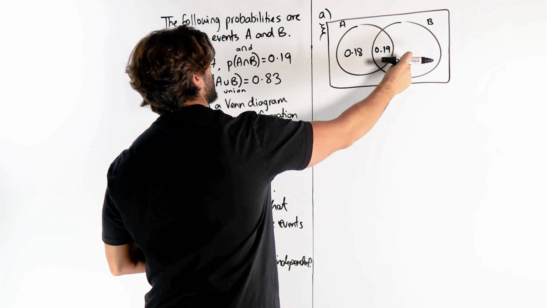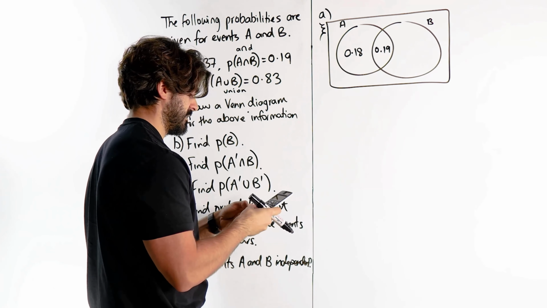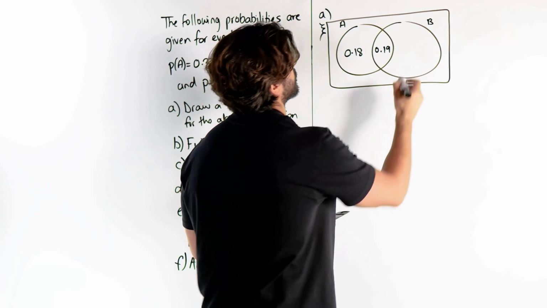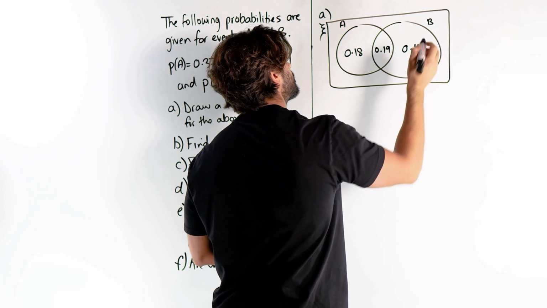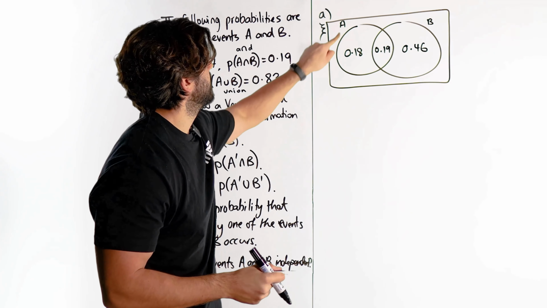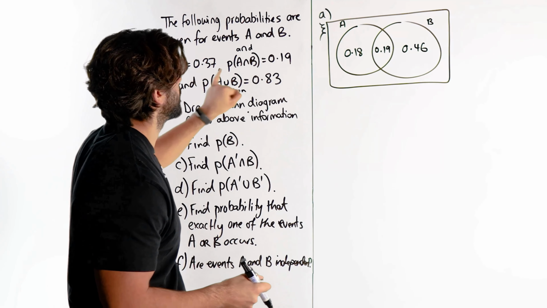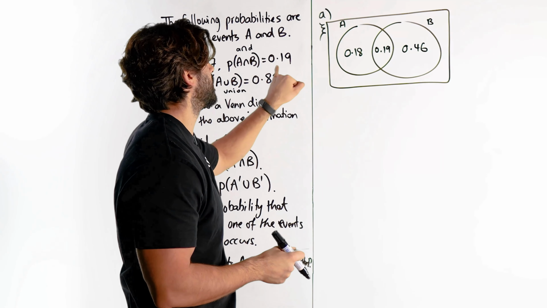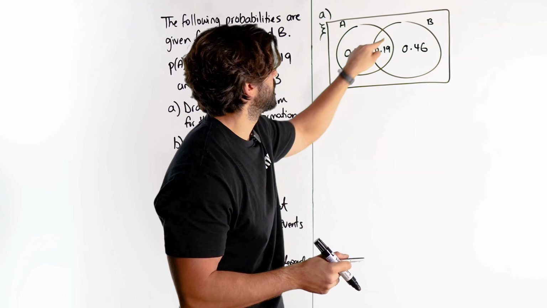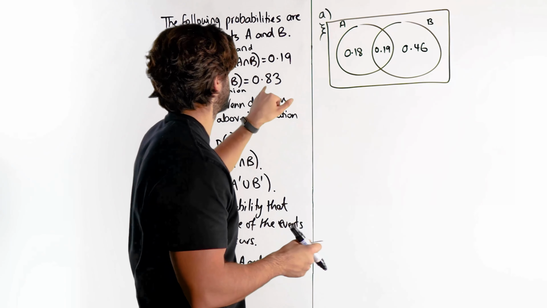So for this section alone, we're going to do 0.83 take away 0.37, which is 0.46. Okay. So here, that's my probability of A, which is 0.37. We have our middle, 0.19. This 0.83 is all of this. Okay, and you can double check, do all these three numbers add to this?